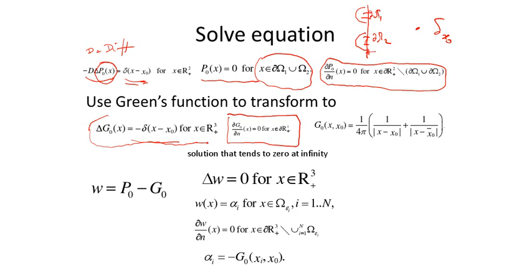That is, we look for the solution that has just a single behavior on the entire half plane here. So what is the solution? Well, the solution is very well known, the solution that goes to 0 at infinity. So this goes to 0 when x goes to infinity in all directions.